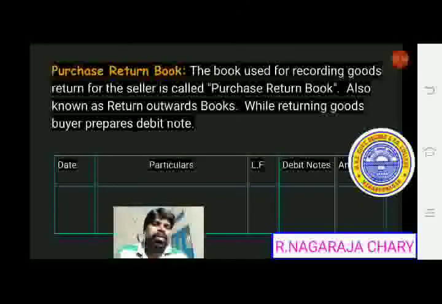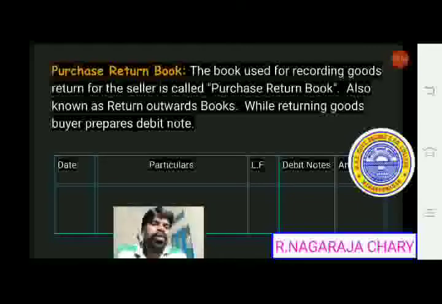The material from where we purchased may not be good, may not be fit for what we ordered earlier. Sometimes in transportation also goods may be lost or damaged. The quantity may not be sufficient, the quality may not be sufficient.